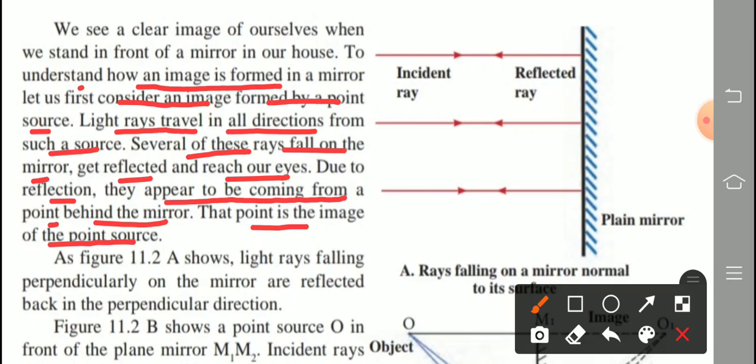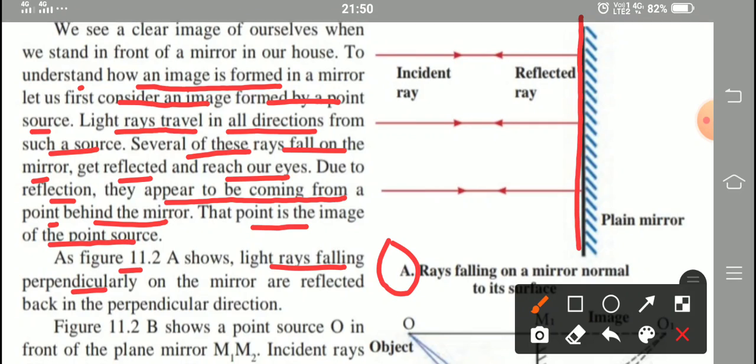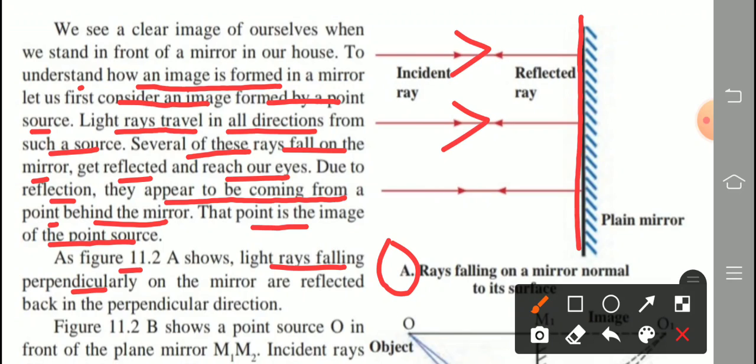Now, figure 11.2a shows light rays falling perpendicularly. Check, this is the plane mirror surface and these are the incident rays. These incident rays fall on the mirror perpendicularly. See here, the angle is formed.